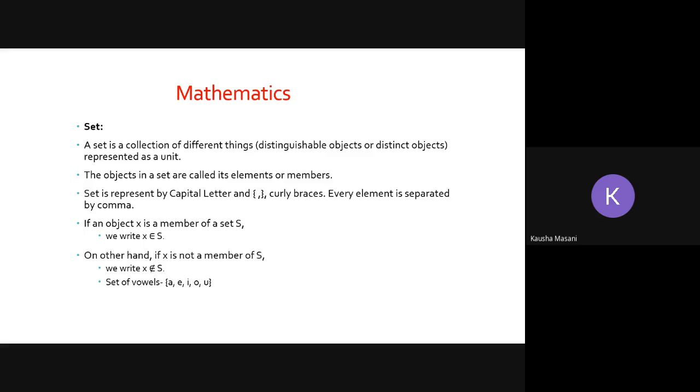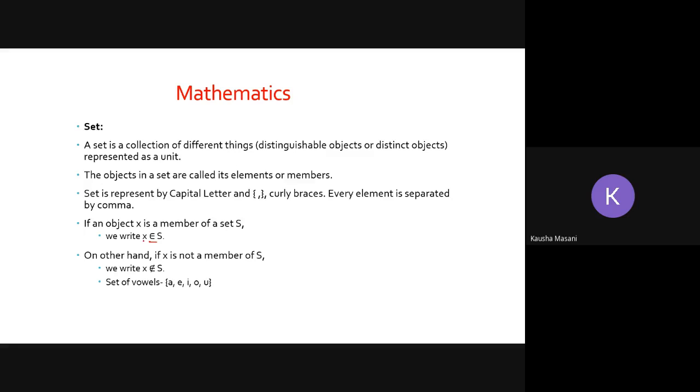So if object X is a member of set S, how can I write it? If I want to describe that X is a member of set S, then I'm going to write X belongs to S. This symbol that you can see in between, exactly it is not E, but it looks something like E. So that is what belongs to.